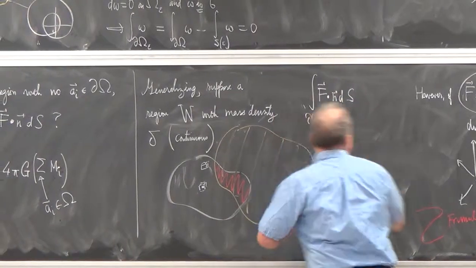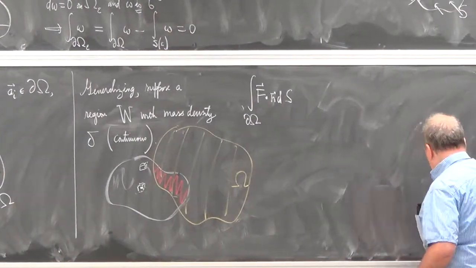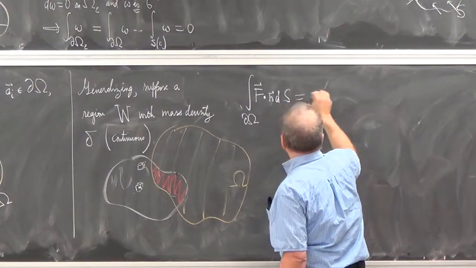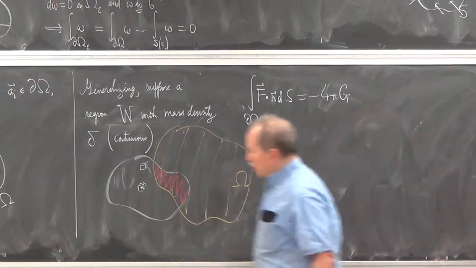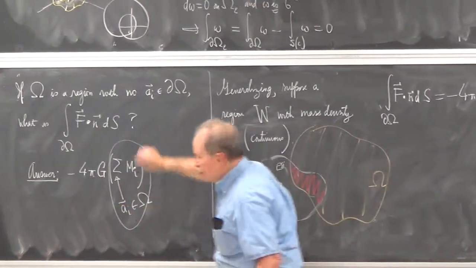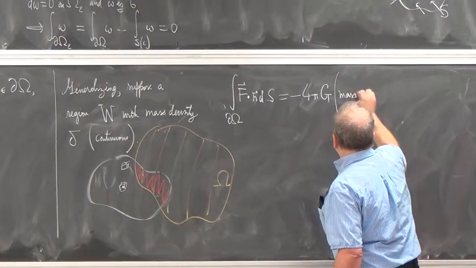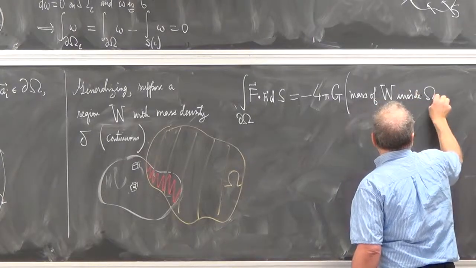So the generalization is going to be that the flux across the boundary of omega is going to be minus 4 pi g, and what I'm replacing this with is the total mass of my mass distribution inside omega.